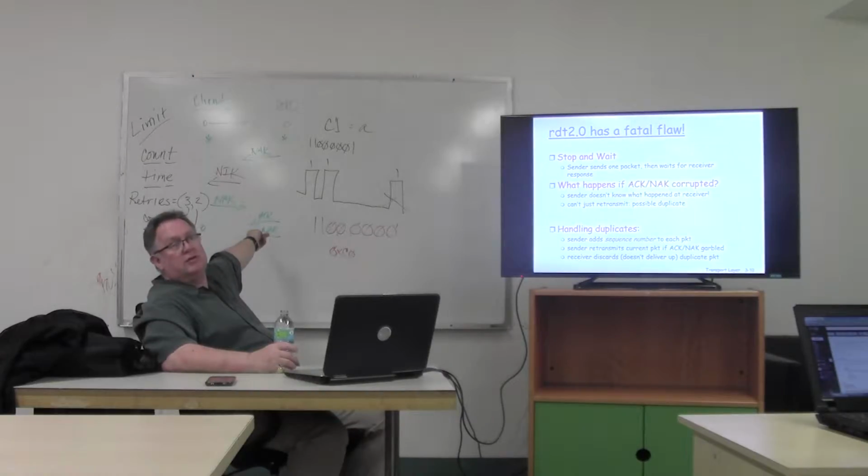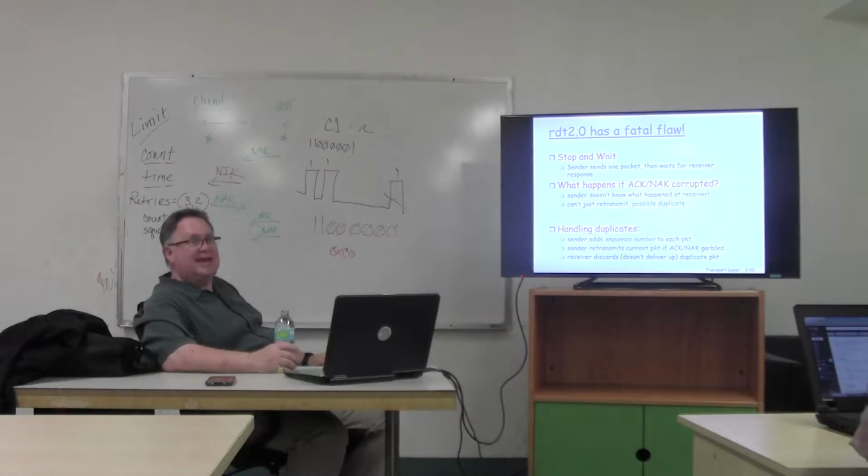Even if there's no sequence number in there, I can determine what is being NAC'd because I've already, if you will, canceled out the one sequence number that had an outstanding missing NAC or ACK, right?